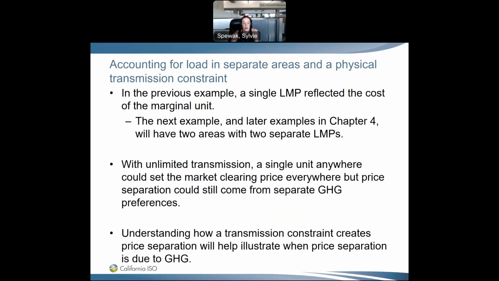So in order to understand when we're seeing a price difference due to GHG, I wanted to start out by walking through how a transmission constraint creates price separation. That way we'll be able to differentiate what these price signals are saying once we have both in the same example.